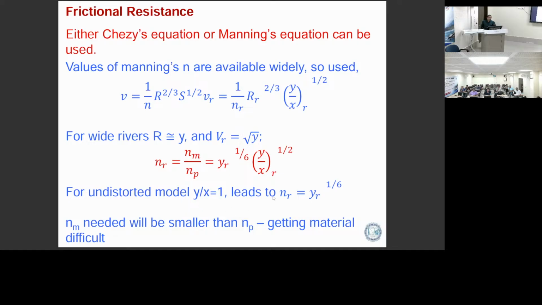Then this leads to nr is equal to yr to the power of 1 by 6. This means that whatever the Manning's n of the prototype, you need to get that in the model, and getting the material is difficult. The materials which you get in the model are very small. You see, raised to the power of 1 by 6, you have to divide it. When you divide it, the material size you require is very small, micro, and you may not get that.